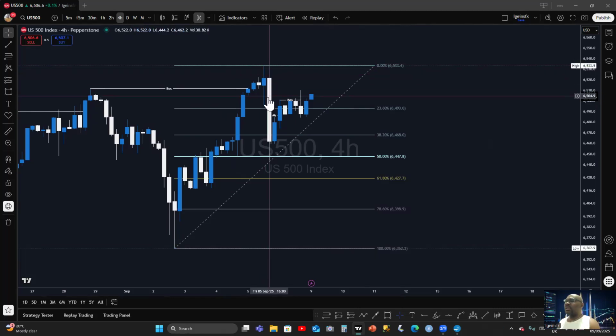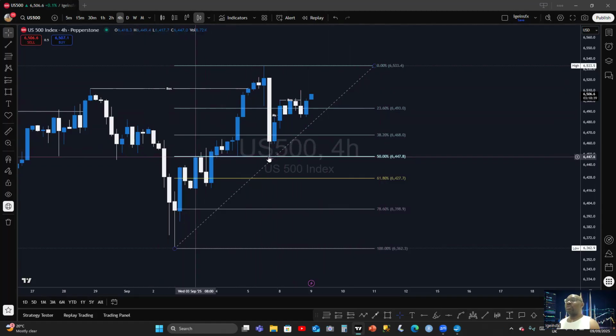The price started coming down, coming down. As it was coming down, it violated this level 23.60, broke it, pushed again, breaking this 38.2. It pushed again and got to 50%, this 50.00.